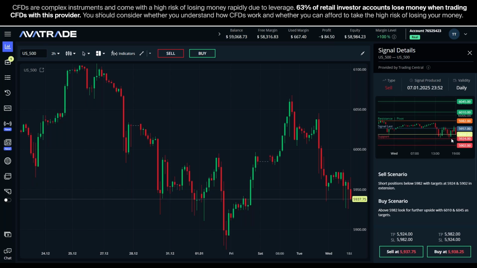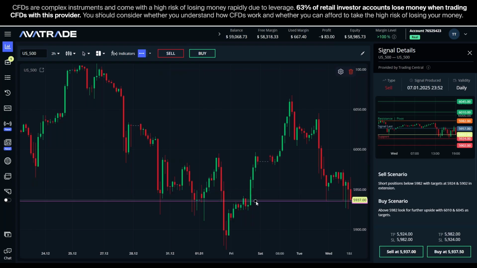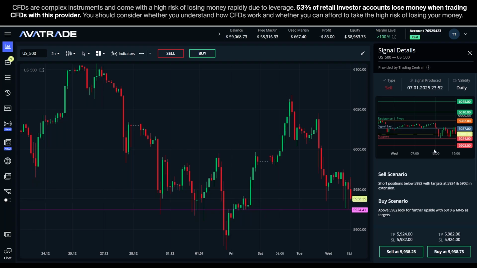It can help you with your technical analysis because now you can identify where Trading Central has said they find support in the past, so 59.24. If I want to use that for my technical analysis, 59.24 is right about here, and we can see on the chart why they chose that as a take profit zone.